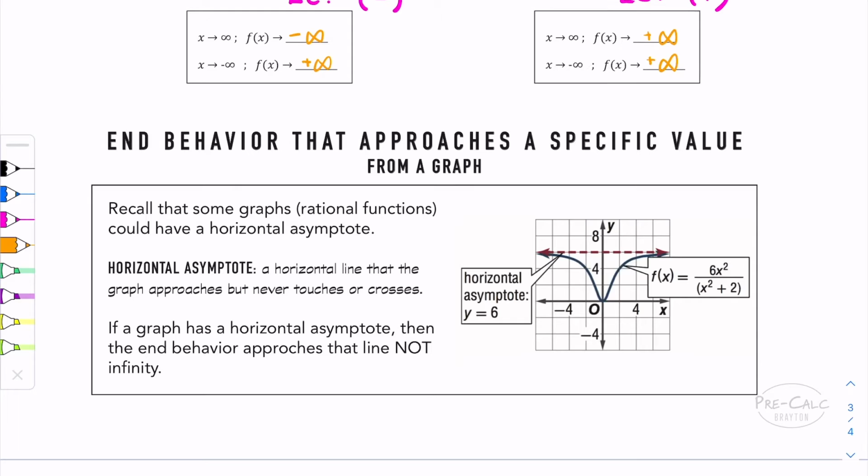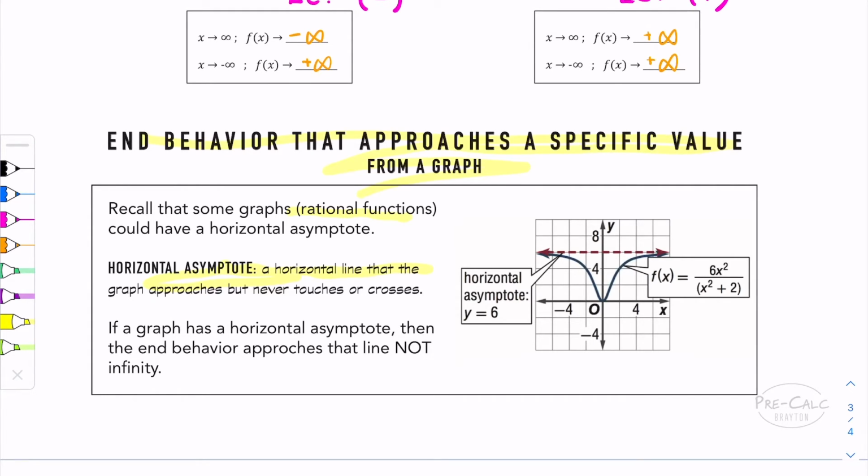All right, the last section, end behavior that approaches a specific value from a graph. So when it doesn't head towards positive or negative infinity. Recall that some graphs, specifically rational functions, could have a horizontal asymptote. And a horizontal asymptote is a horizontal line that the graph approaches, but it never touches or crosses.